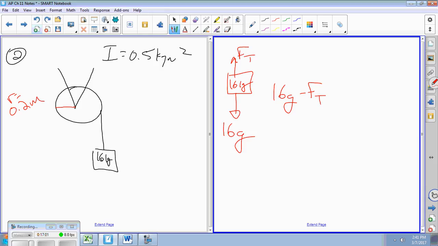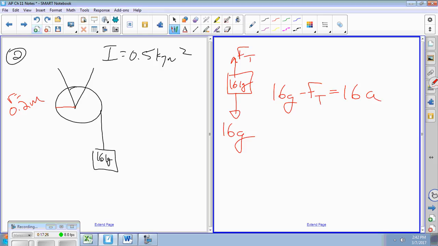That's got to equal my net force, and my net force is mass times acceleration. Follow? So that's one equation with 2 unknowns. This equation includes my tension and my acceleration. g is obviously the constant. Good? All right, so where's the other equation going to come from, you guys?